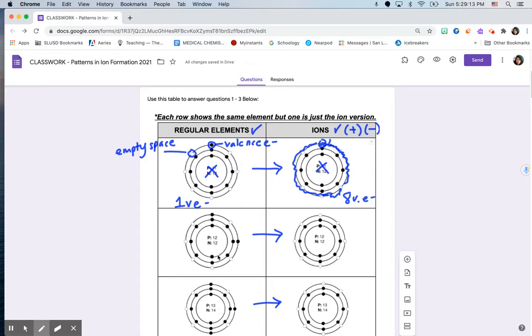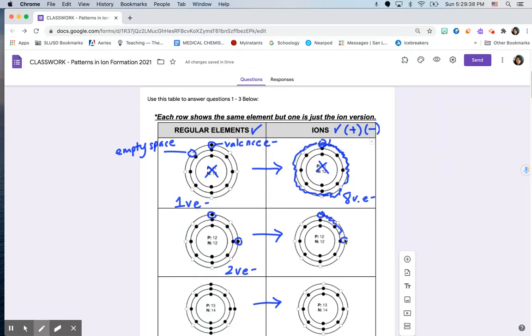If I look at the second one, just paying attention to the valence electrons, how many valence electrons do I have here? Well, I have 1, 2 valence electrons. And if I look at the ion version, I notice that those 2 electrons disappear.